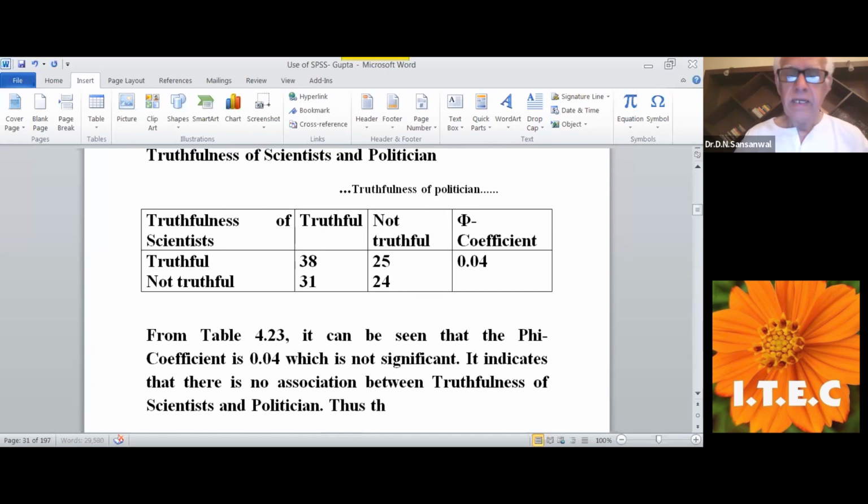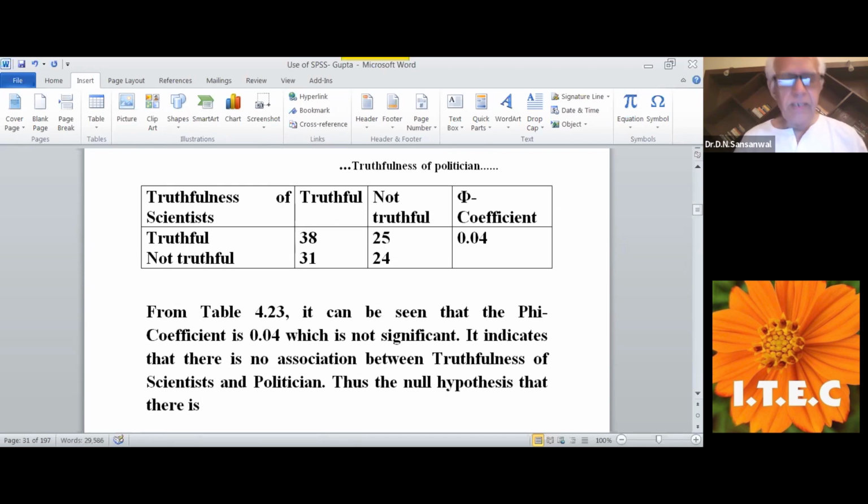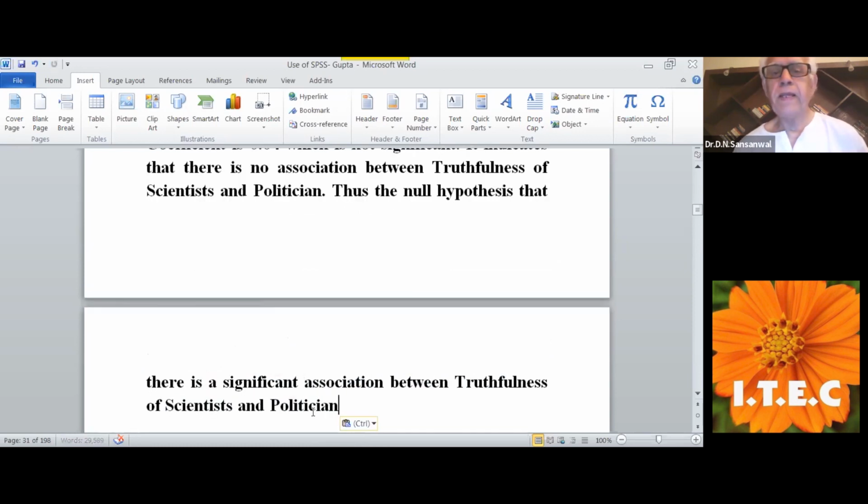Thus, the null hypothesis that there is a significant association between truthfulness of scientists and politicians is not rejected.